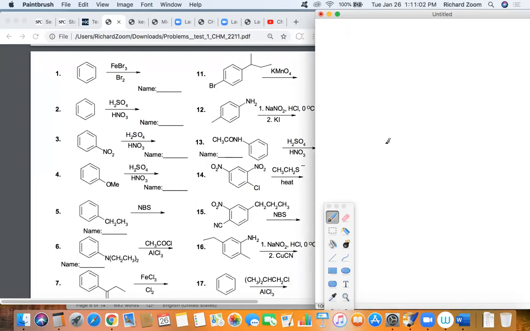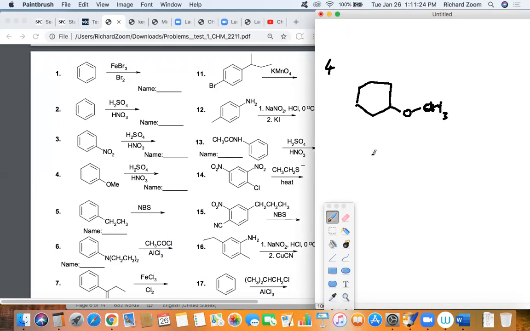All right. Let's take a look at the next one there, number 4. Now the Me here is methyl. My chemical drawing program thinks it's smarter than I am.